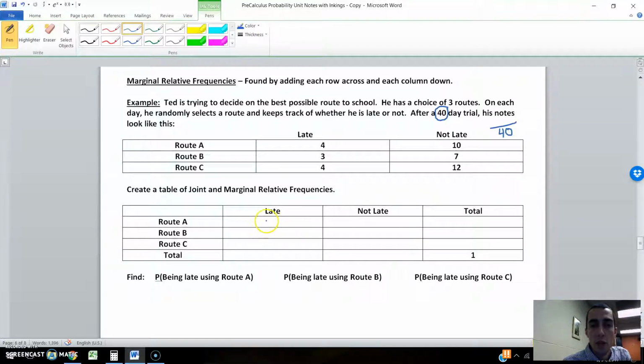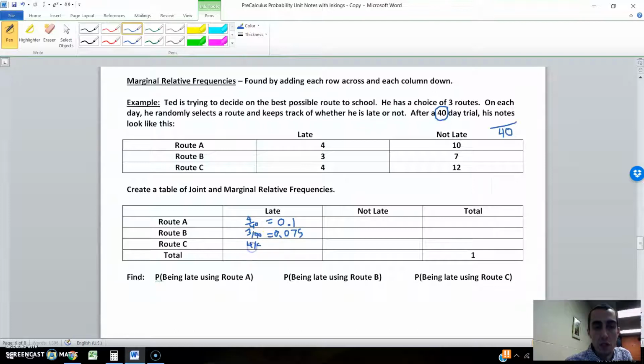So, route A, late. He was late 4 times out of the 40-day trial. So 4 out of 40 is 0.1. Route B, late, was 3 out of 40, which is 0.075.